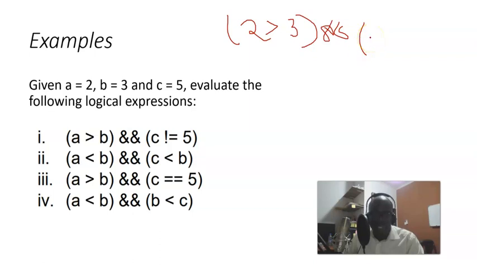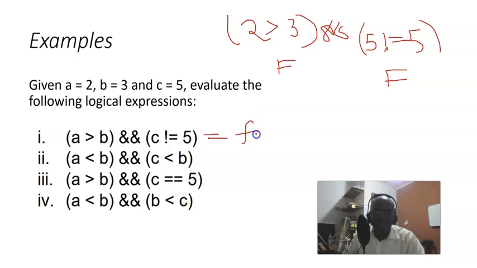We know that C is 5, but here we're told C is not equals 5. Now, 2 is not greater than 3, so this is false. Again, when you say 5 is not equals 5, this is false. So this whole expression amounts to a false expression ultimately.